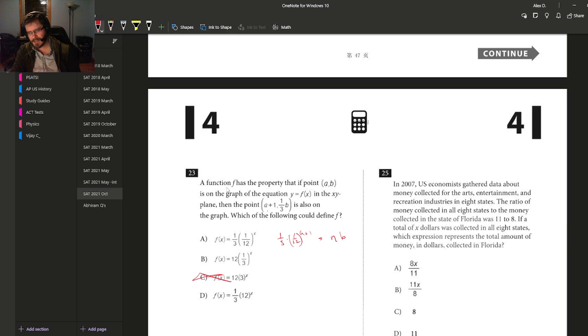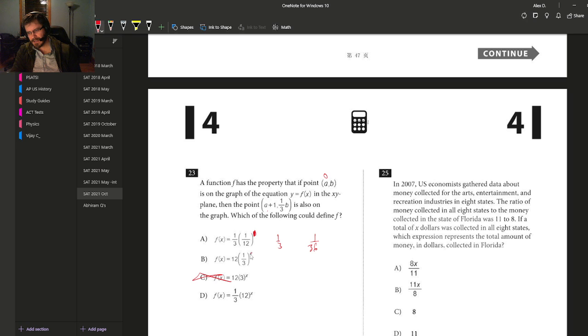Can you do this? Maybe just do some test cases. I don't know if that's the best way to do it. So let's try to see if a is 0. If a is 0, we get 1/3. If a becomes 1, we get 1/3 times 1/12, which is 1/36. Which is not the same thing as 1/3 times 1/3.